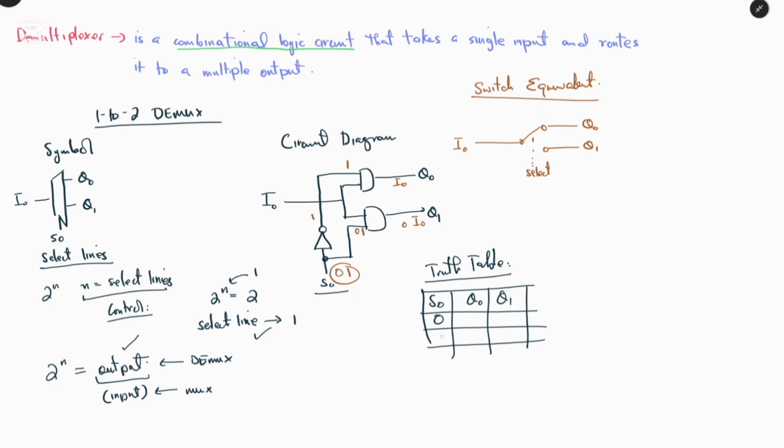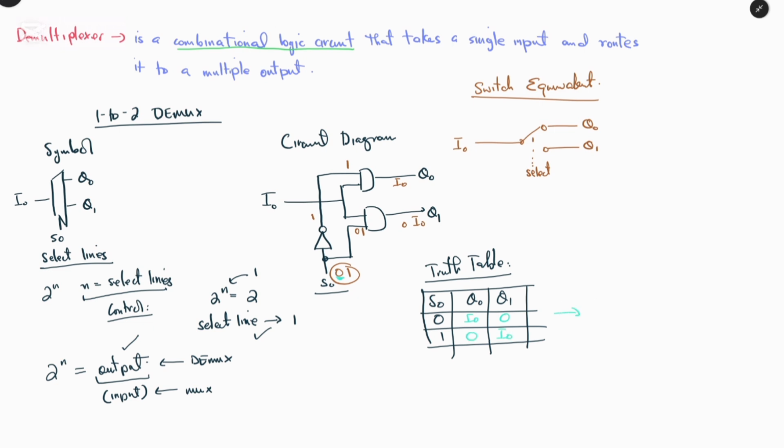So we can have 0 and 1. When we apply 0 at the select line, what will happen? Q naught will be equal to I naught and Q1 will be equal to 0. When we apply a state 1 at the select line, that means Q1 will have the value I naught and Q naught will be equal to 0.